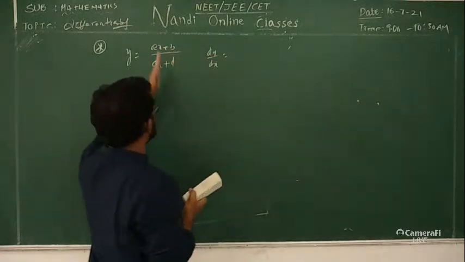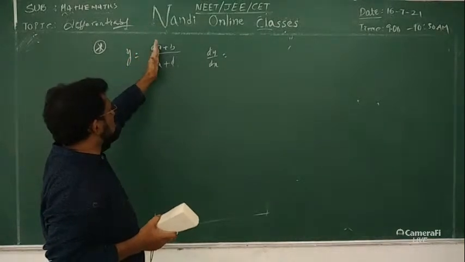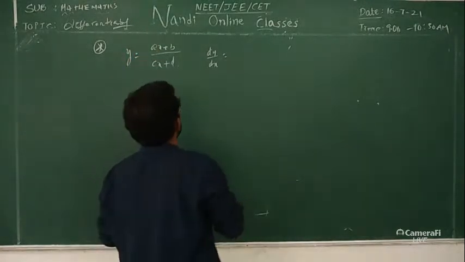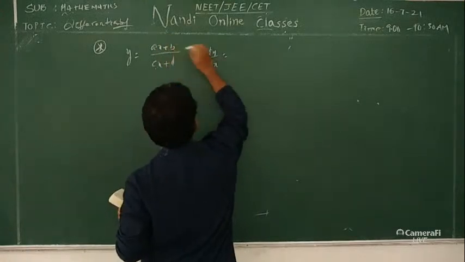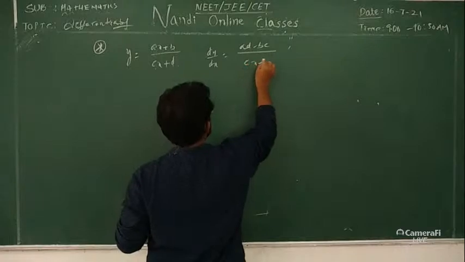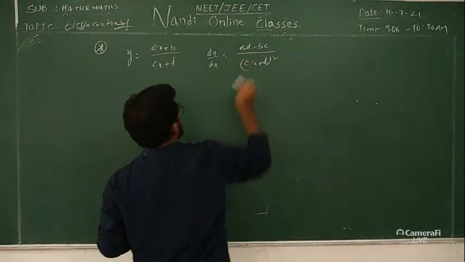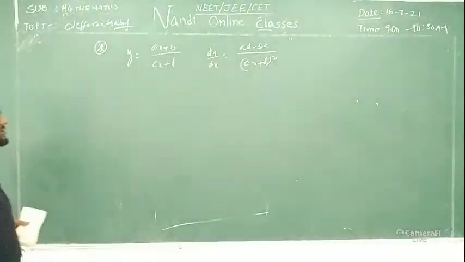Better you keep all the functions on the left side, ax, cx, all x functions should be on the left side. Then you apply AD minus BC divided by denominator square. Derivative of x anyhow is 1, need not write. That will be the shortcut.